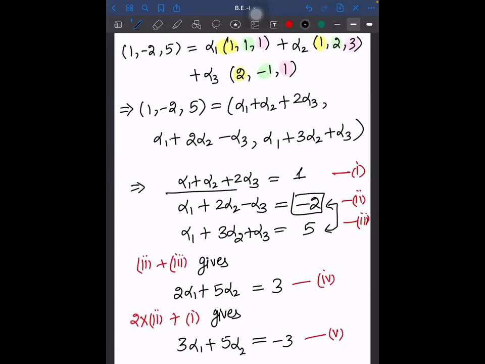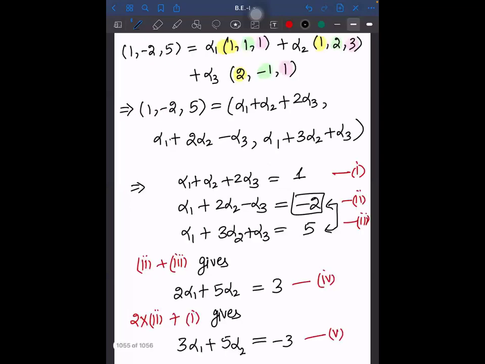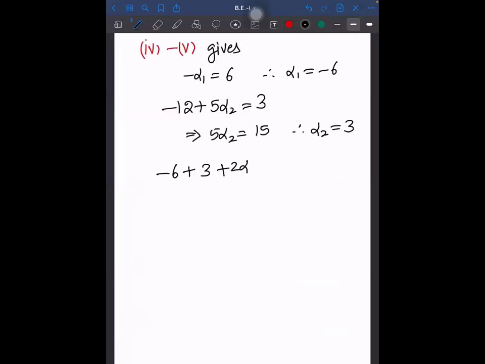Now you put alpha 1 and alpha 2 into equation 1, then you will get the value of alpha 3 as well. So alpha 1 is -6, plus alpha 2 is 3, plus 2 alpha 3 is equal to 1. So 2 alpha 3 is equal to 4, and your alpha 3 is equal to 2.